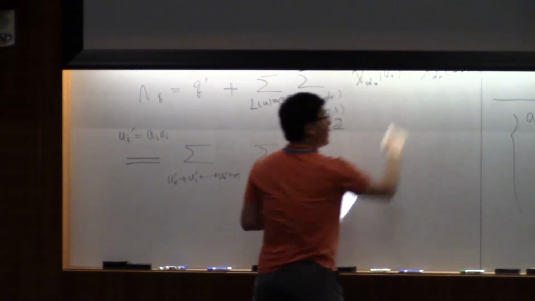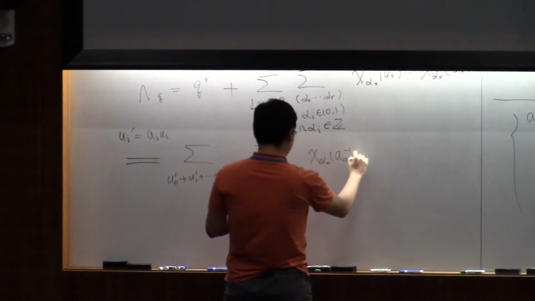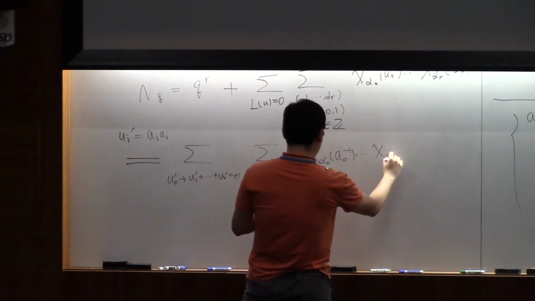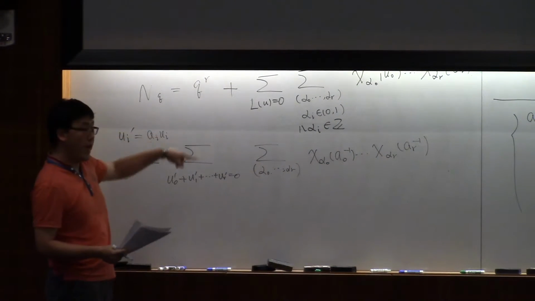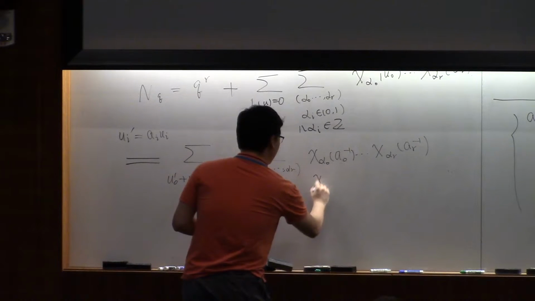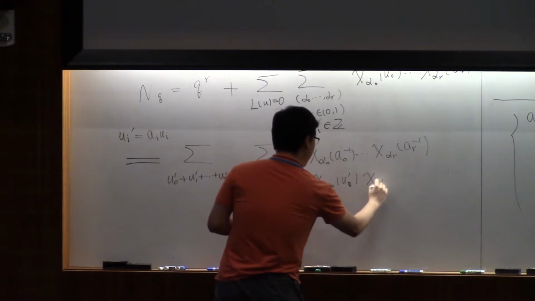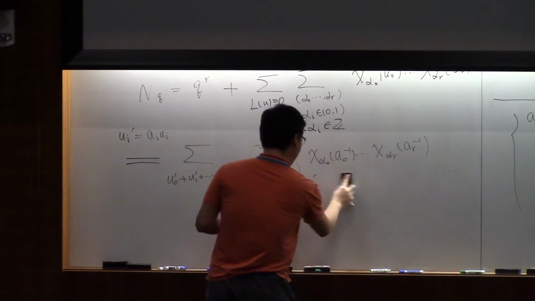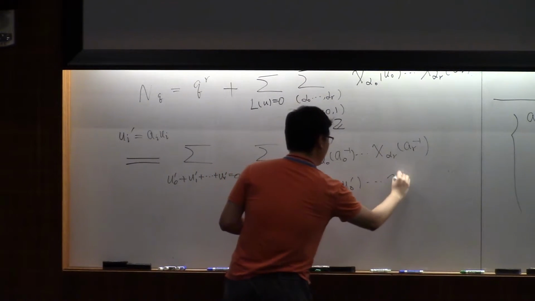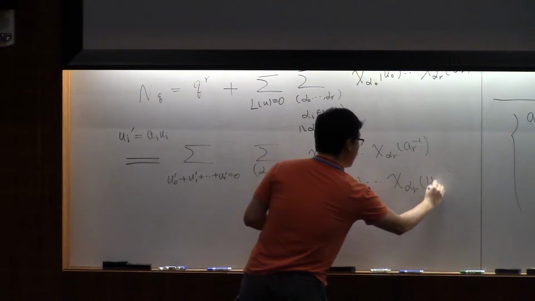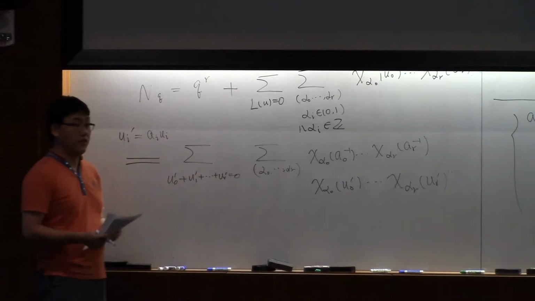And then these characters become a little bit complicated. First, we should have some a_i inverse, and then we have chi alpha 0 of u_0 prime, up to chi alpha r of u_r prime. So under this change of variables, the linear function becomes this.